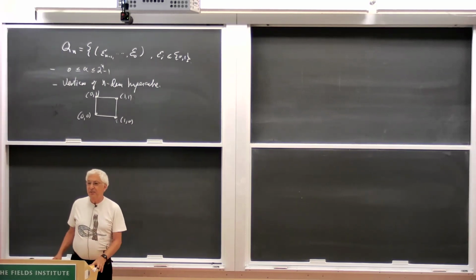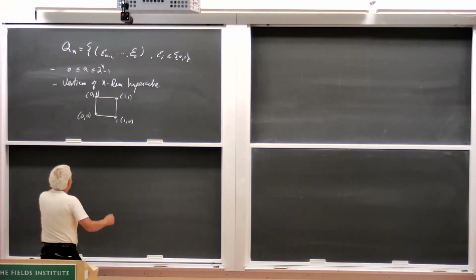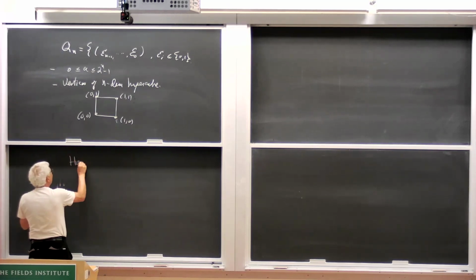Well, once you've got a set of vertices, we're going to be doing something like a Vietoris-Rips complex. The next thing we need is a metric: the Hamming distance.